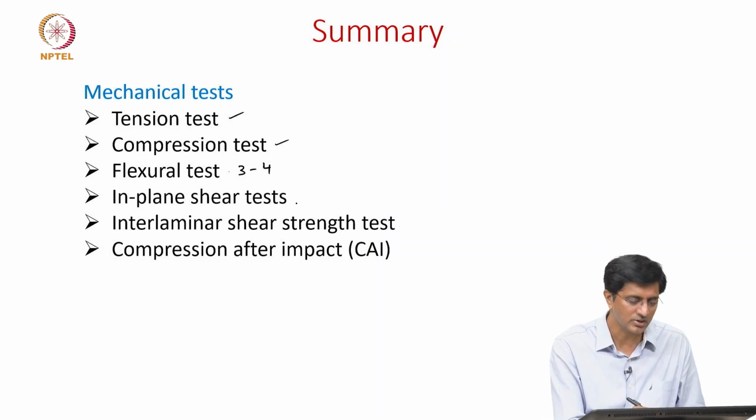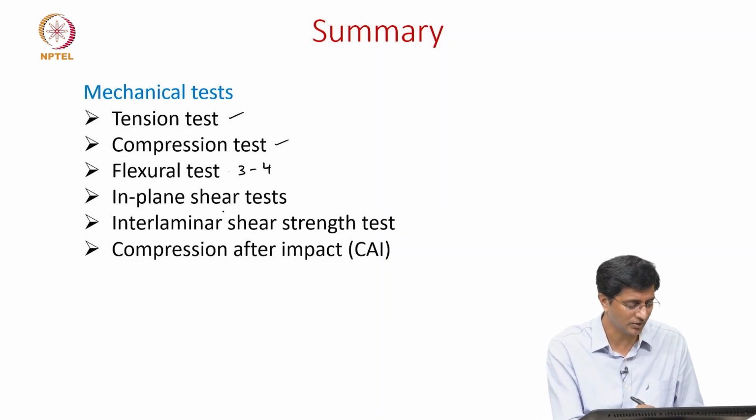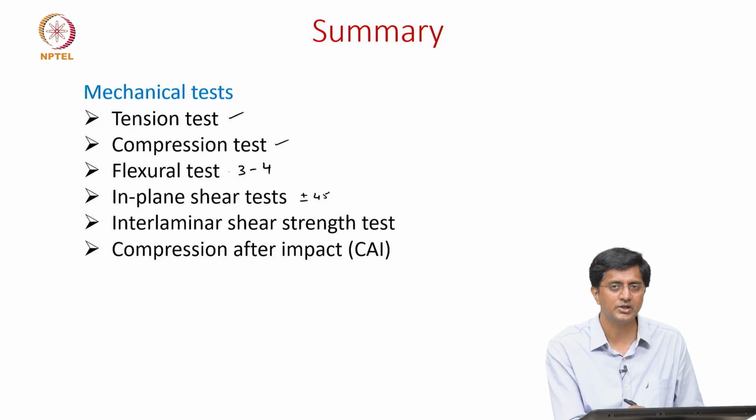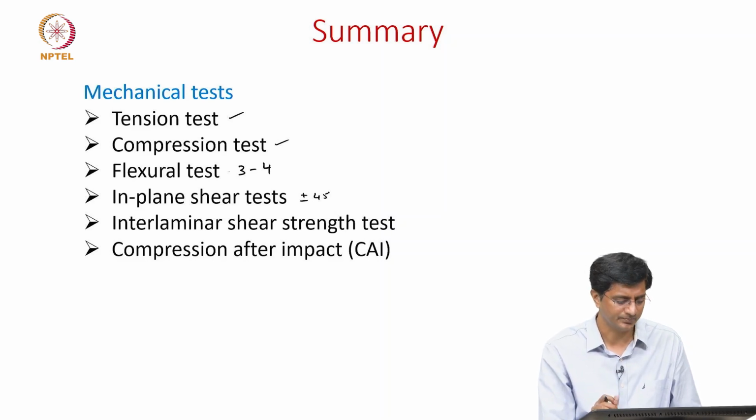Later we also discussed two different fixtures one can use to find the in-plane shear. One is the plus or minus 45-degree shear test, and the other is the one with double notches and 4 loading points, where we said at that cross section between the notches one can achieve predominantly shear stresses.